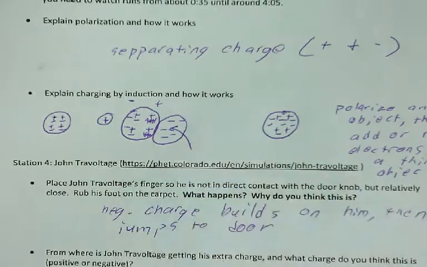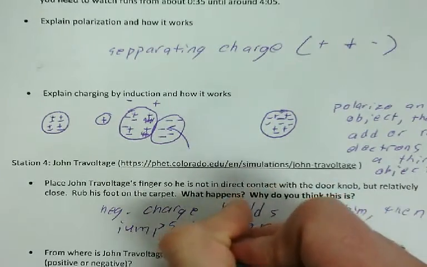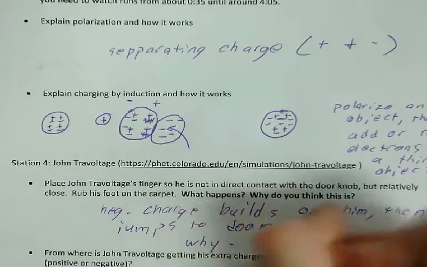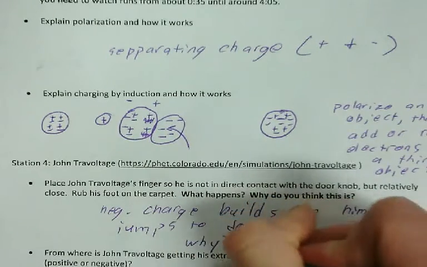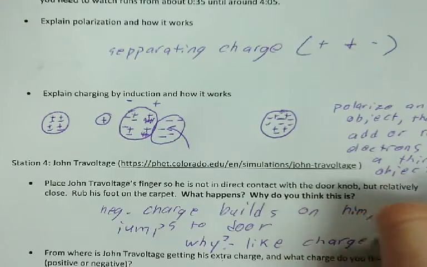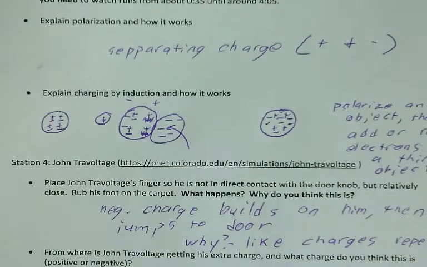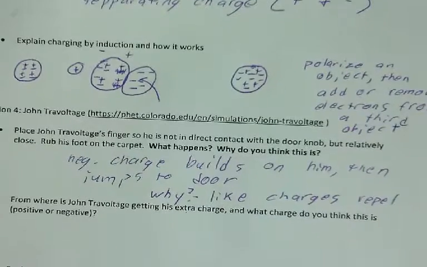And why do we think this happens? Levi, why do we think that's what happens? All right. Why does it happen? Because like charges repel. The electrons want to get away from the other electrons. So they repel so much they actually jump into the door. We'll pick back up here next time. We'll do station.